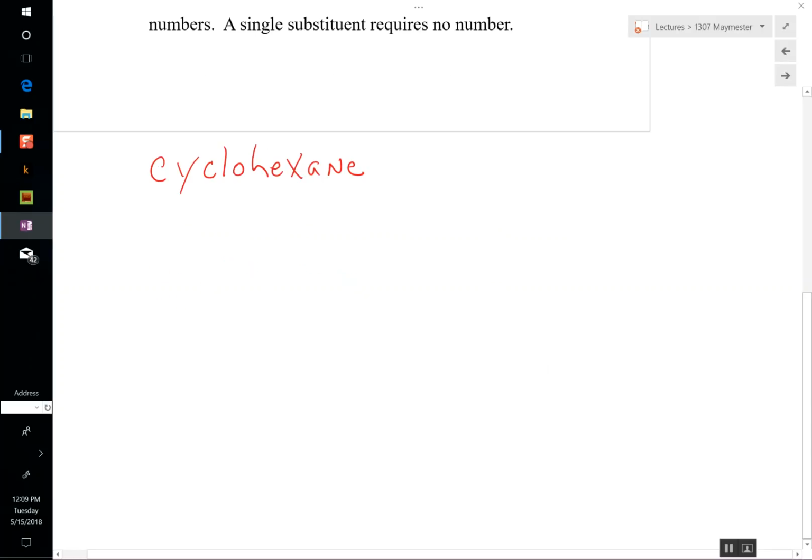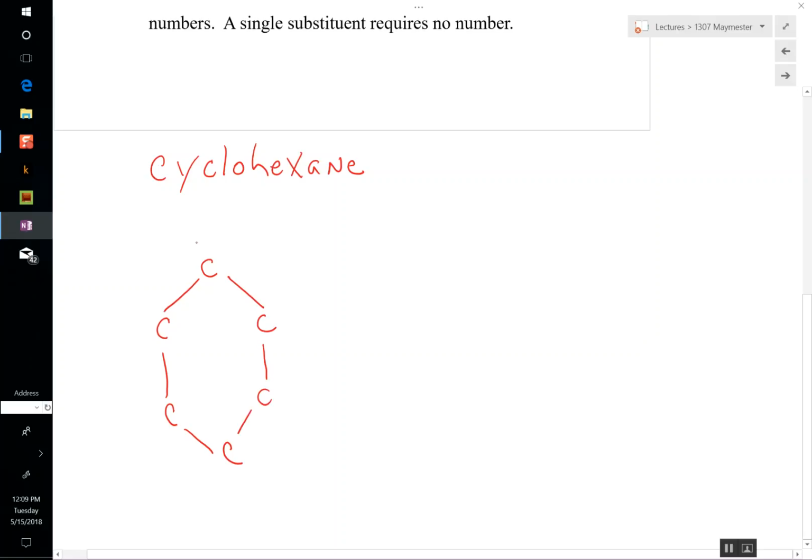The structural formula would look like this. And each one of these carbons needs 2 hydrogens on it. I mean, look, every one of those carbons now is bonded to 2 other carbons, so every one of those carbons needs to be bonded. And I would put the hydrogens outside the ring like this.